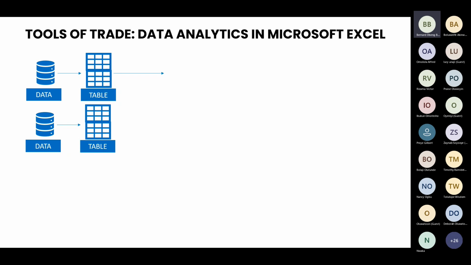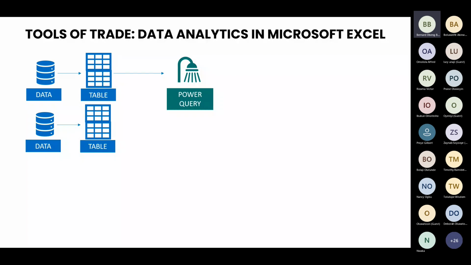That process mainly is classified as getting, transforming, and loading the data. And the tool in Excel to help us do that is called Power Query. You might have heard about this. It exists in Power BI as well, right? So we are going to use Power Query to shape and transform data, to put it in a shape that will make it easier for us to analyze our data.